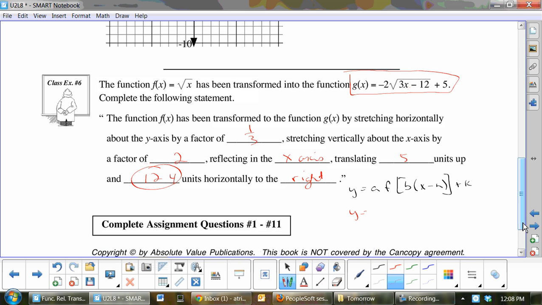So that would be -2, right? That -2 definitely belongs with the y, correct? The stuff under the square root doesn't belong to the y, does it? Okay, but I need a bx minus h in there. So I must have to do this.